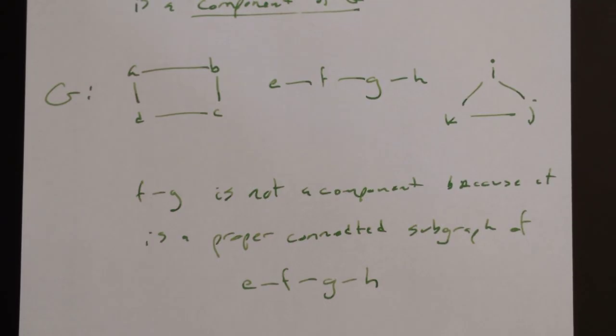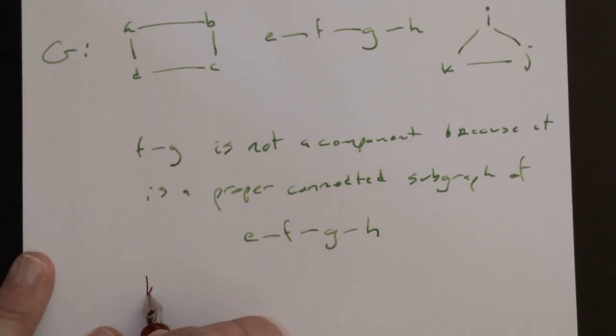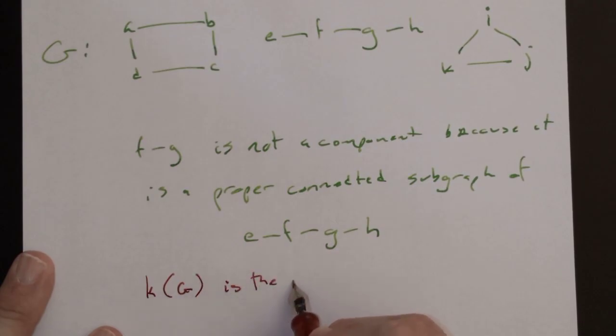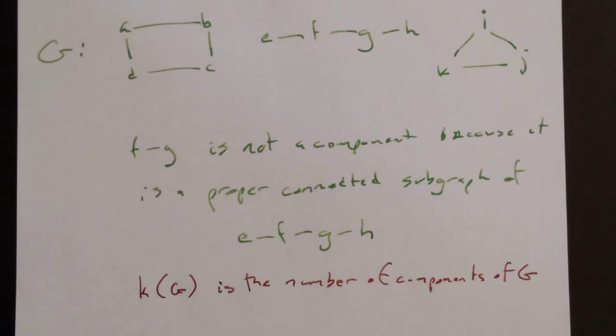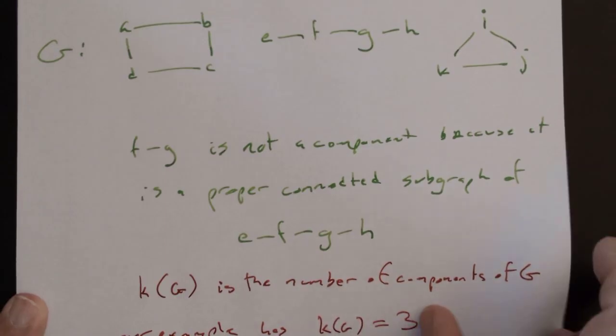So I might talk about the number of components in a graph. Little k of G is the number of components of G. In this example, we have 3 components.